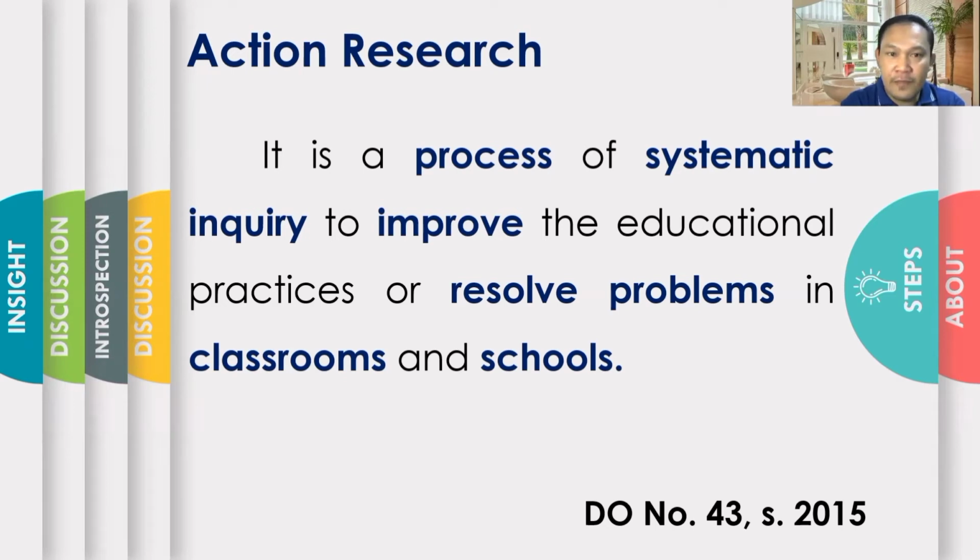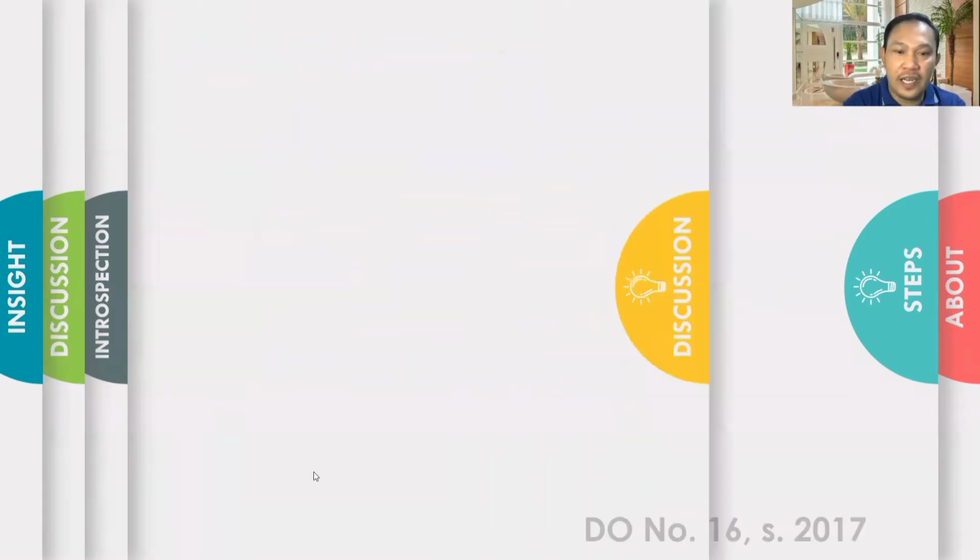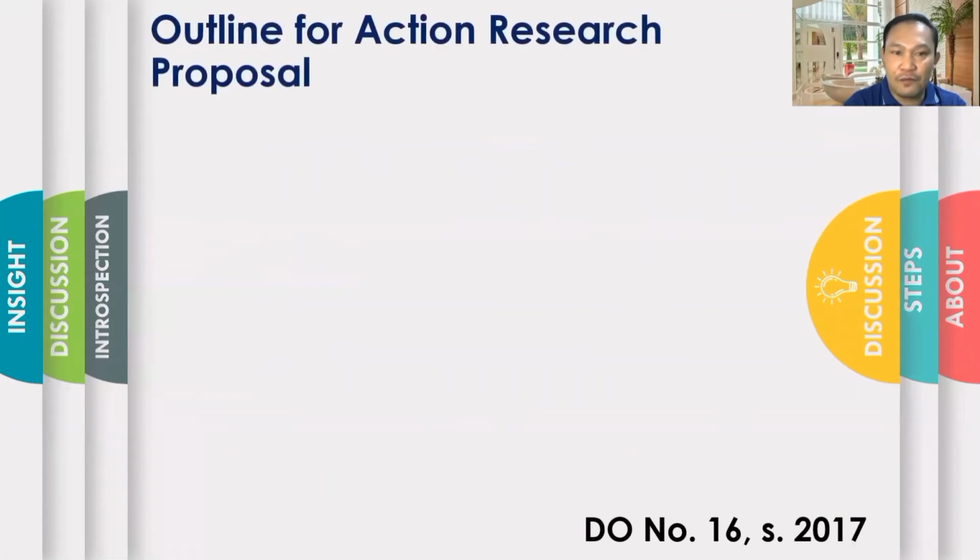And since we are through with the definition of what an action research is, now we go to the parts. We have to follow DepEd Order number 16, series of 2017, as regards the outline for the action research proposal. If you are going to write an action research, here are the different parts. The first one is the context and rationale.